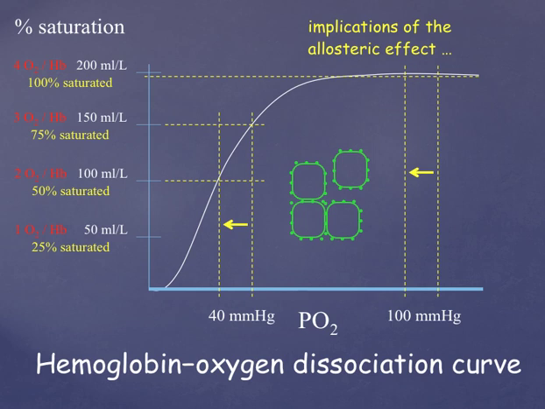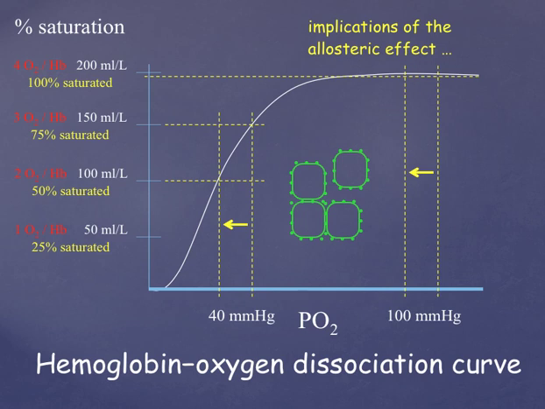What if something was wrong in the lung, or you were at a modest altitude and the partial pressure in the alveoli, and consequently the partial pressure in the arteries, wasn't 100, but it was 10 millimeters of mercury less? How would that affect the percent saturation?